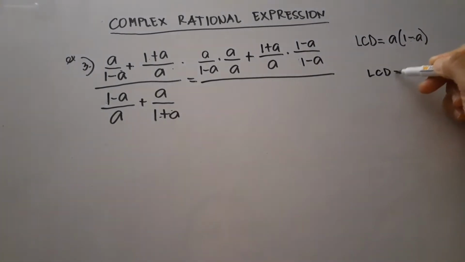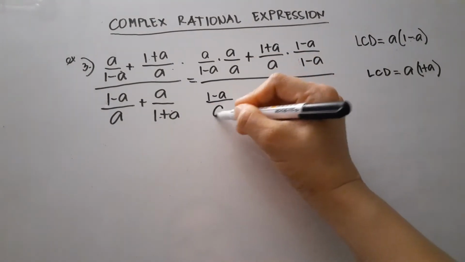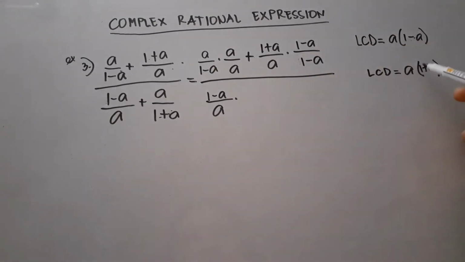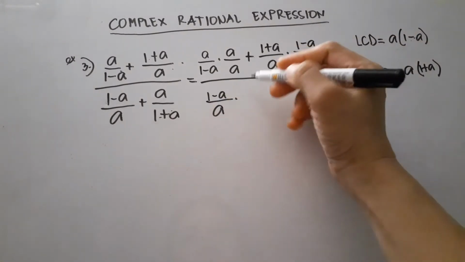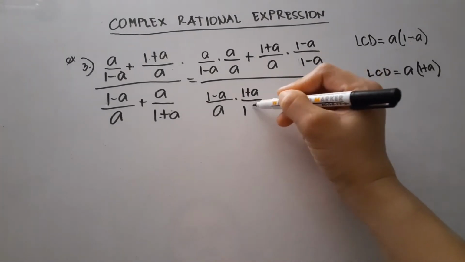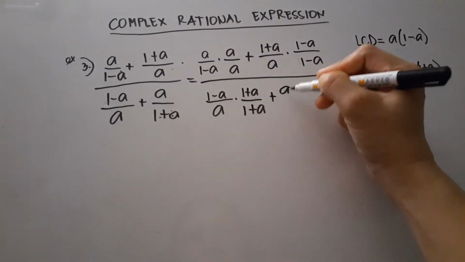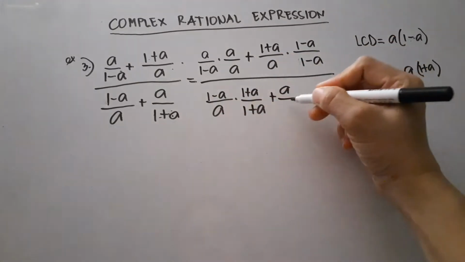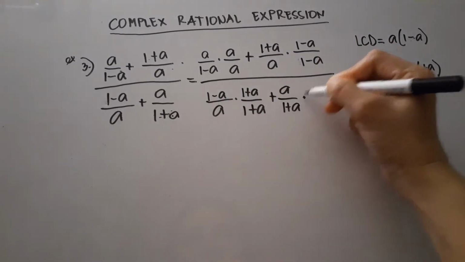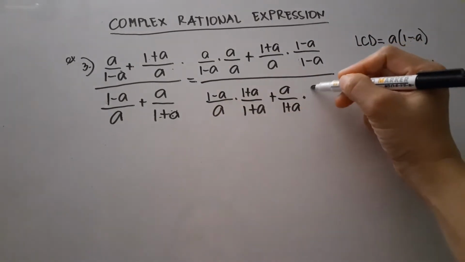We have a(1 + a), and then when we simplify this, we multiply its numerator and denominator by (1 + a) over (1 + a). In the second fraction, we have a over 1 + a, so we multiply its numerator and denominator by a.